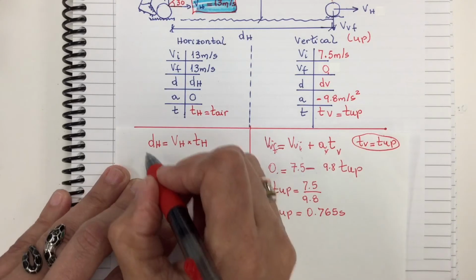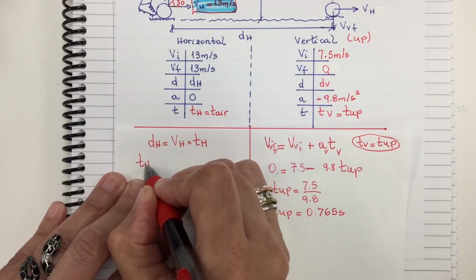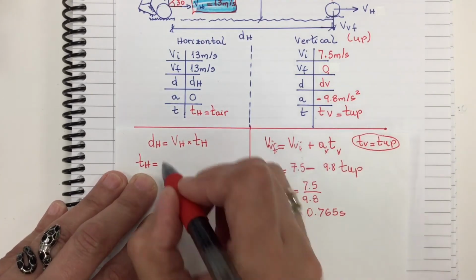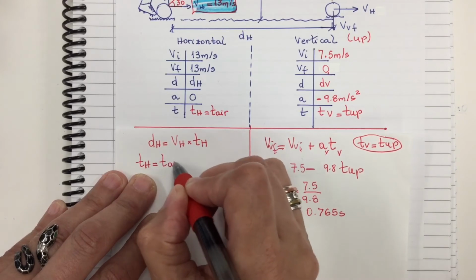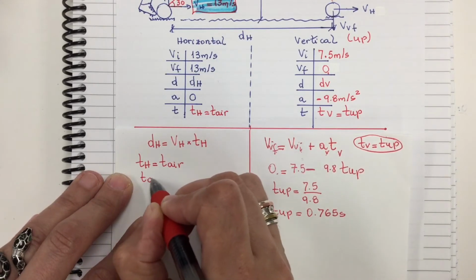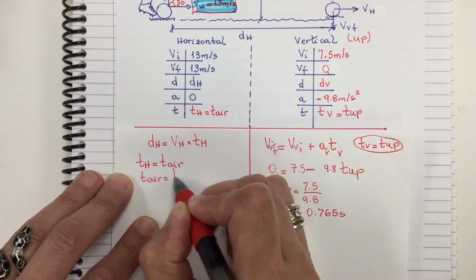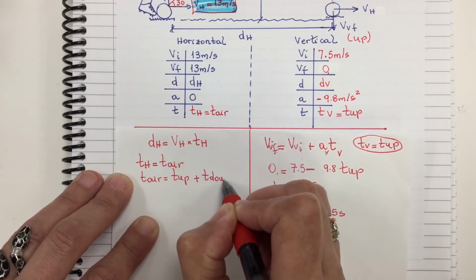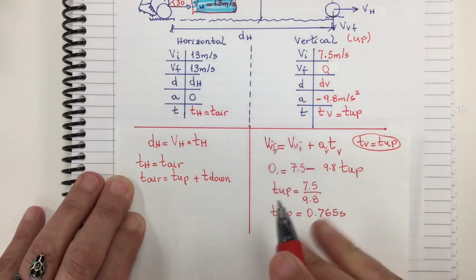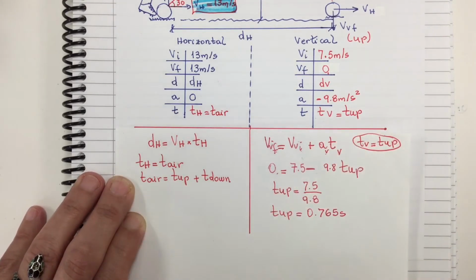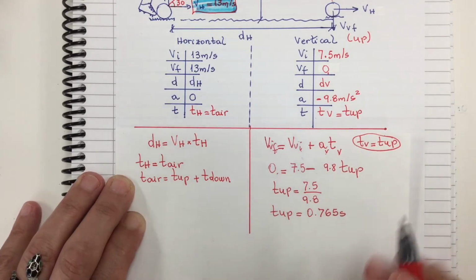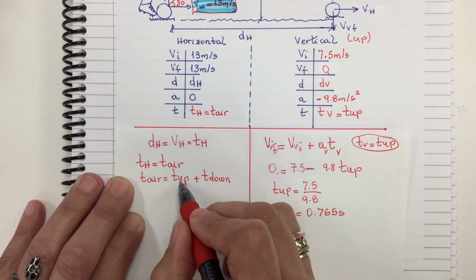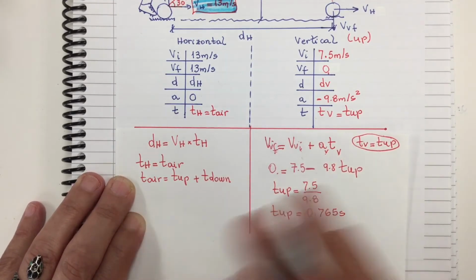So my TH, which is the time in the air, is T up plus T down. And remember, because of the symmetry of this trajectory, there are no external influences, so I would say that T up and T down have the same value.